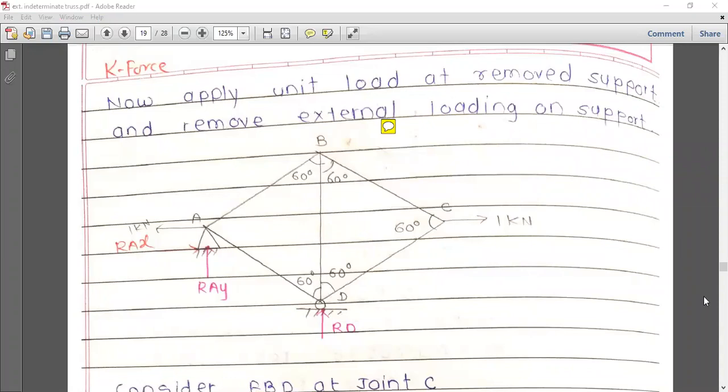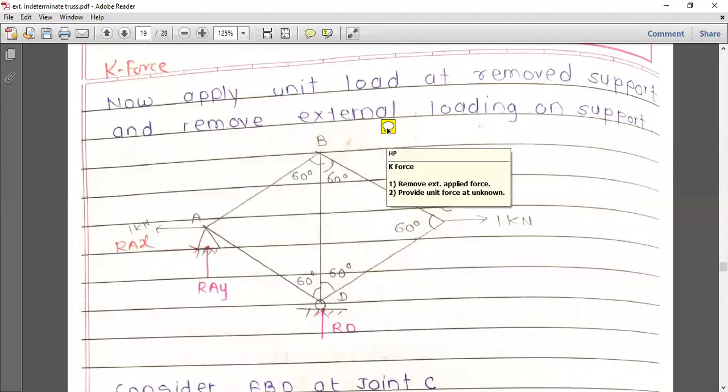In case of P forces, we have removed the reaction RC at joint C. By removing the roller support, we have made the structure determinate. So that was the unknown. Now in K forces, instead of the unknown, we will provide a unit tensile force.